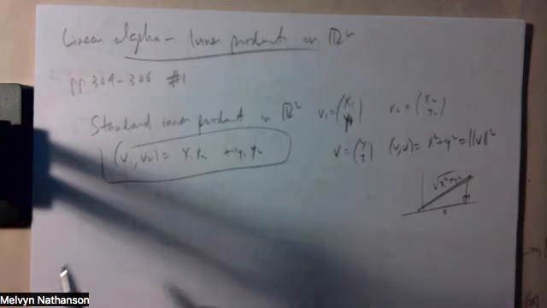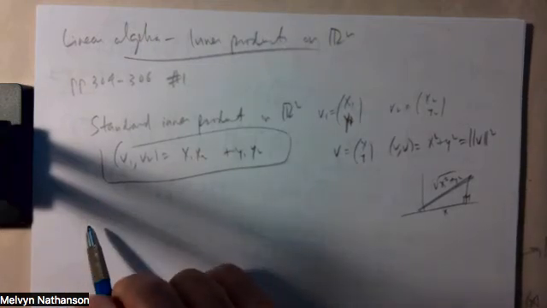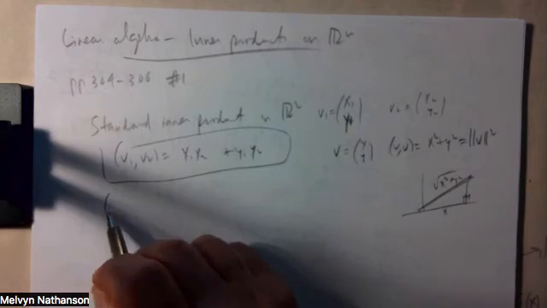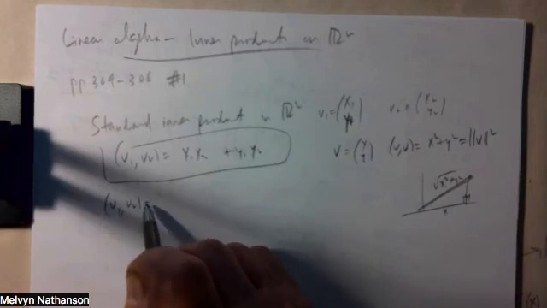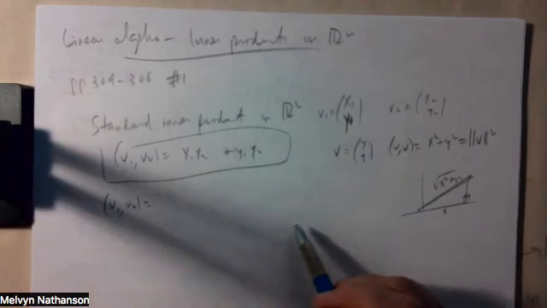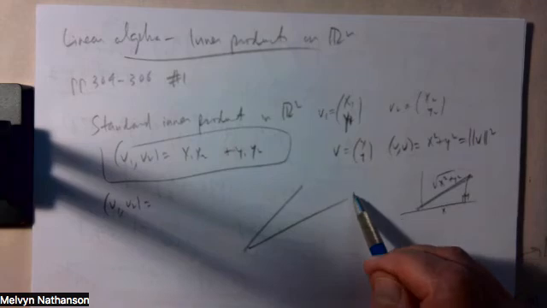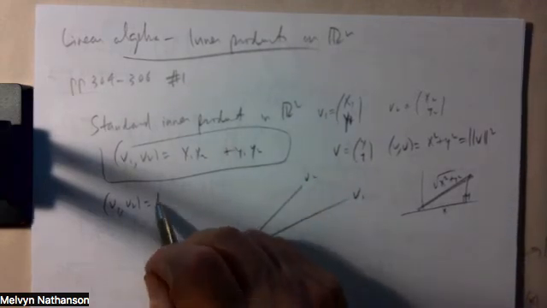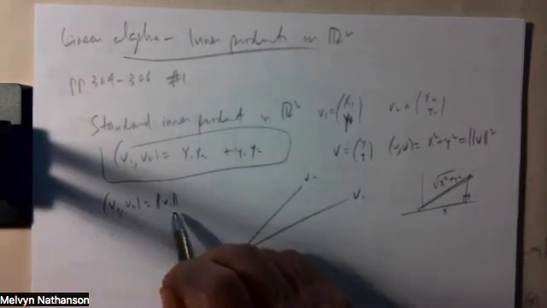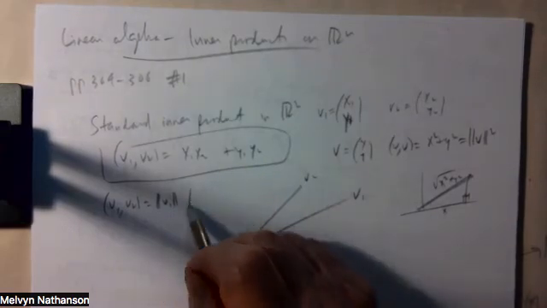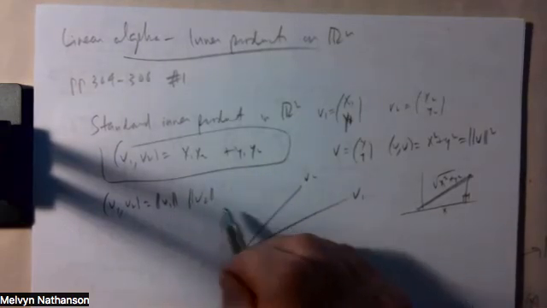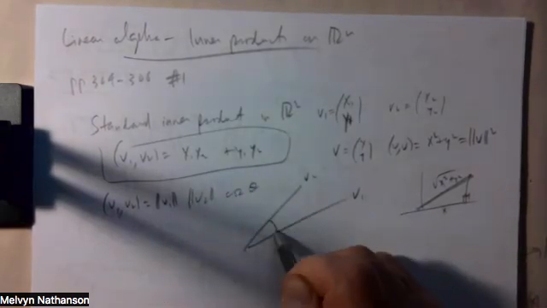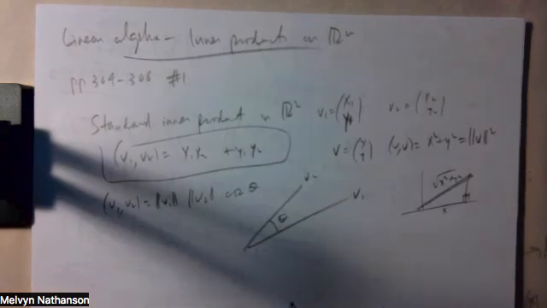What you learn about the inner product is that the inner product of v1 and v2 can also be written as, let's say you have two vectors v1 and v2 in the plane, the length of v1, that's what these double bars mean, times the length of v2, times the cosine of the angle theta between them.